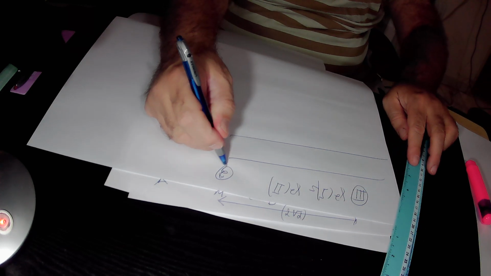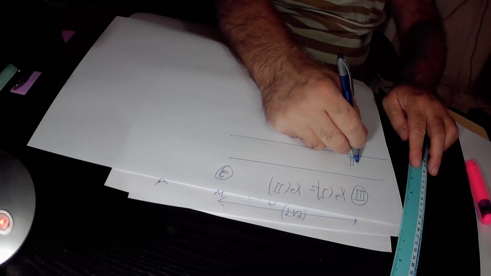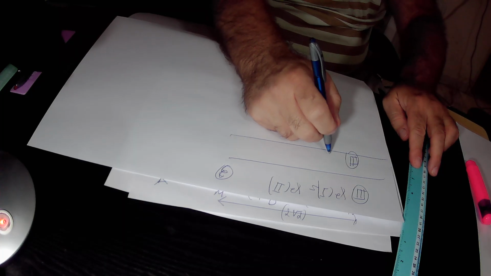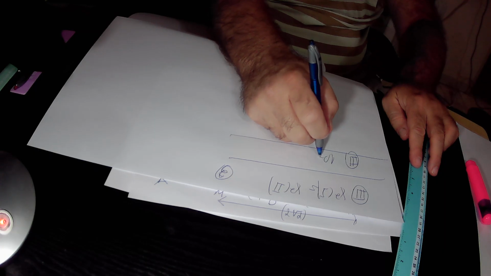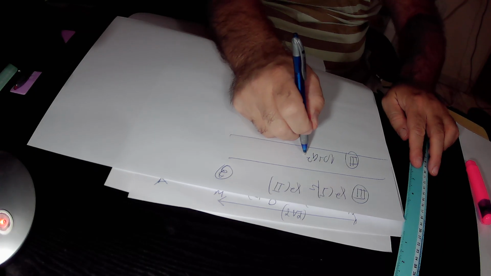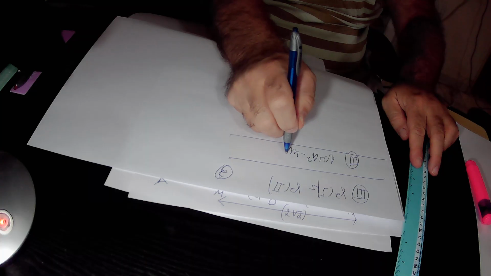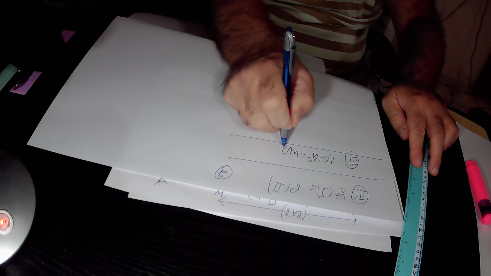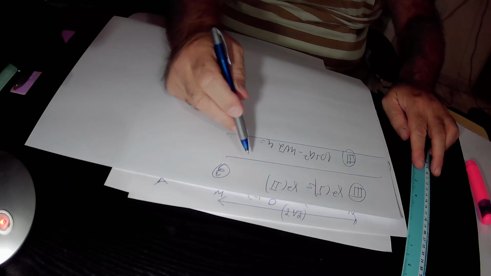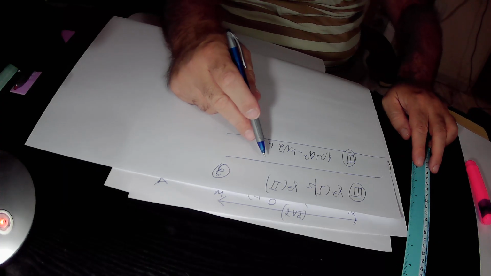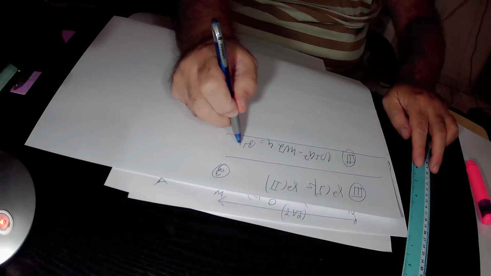X squared according to equation 1 equals 10 plus A squared minus 4 times square root of 2 times A, and it must be equal to X squared according to equation 2, which equals 8 plus A squared.